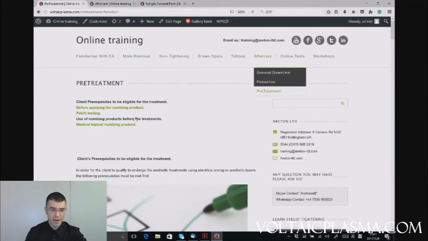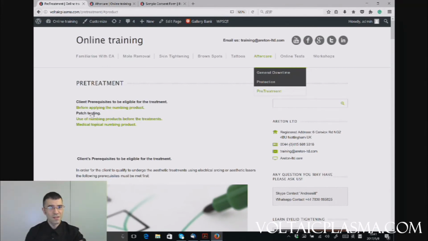So once you've cleaned the area, you should actually perform a patch testing. You apply the numbing product, and then you perform the patch testing.